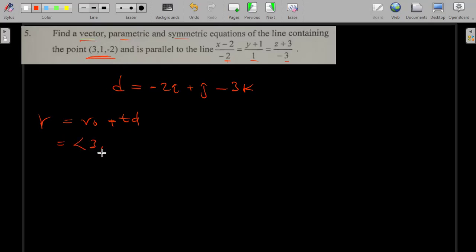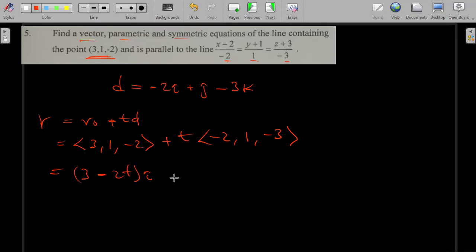So this is going to be <3, 1, -2> plus t times <-2, 1, -3>. Okay, so this here then gives me 3 minus 2t.